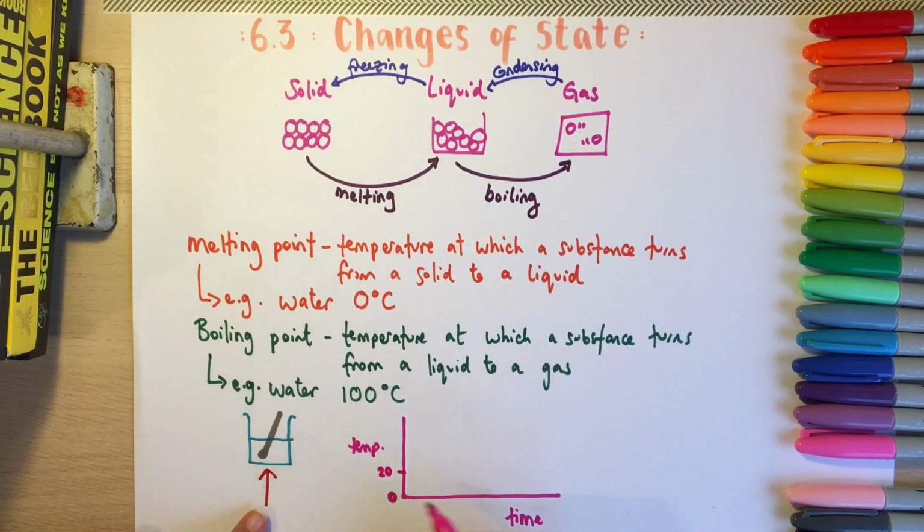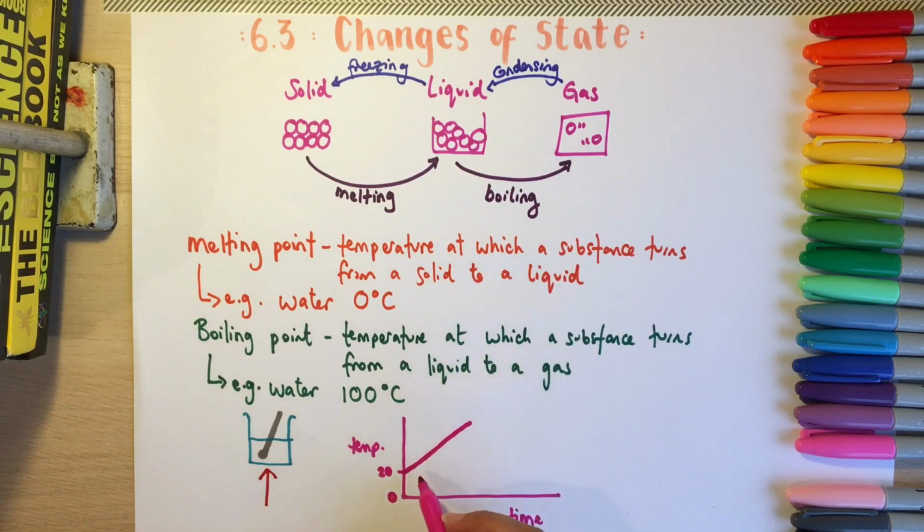And what will happen is, as I'm applying the heat, as we're adding energy into this system, for quite a while, the temperature of the water will increase. And that's something that we will already be familiar with. When we heat something up, the temperature of the thing that we're transferring thermal energy to is going to increase.